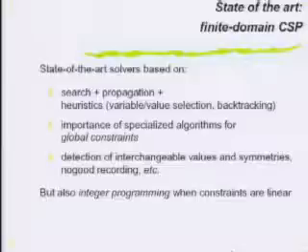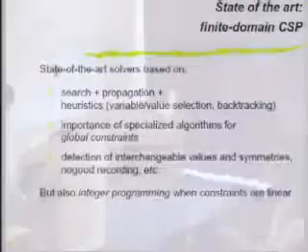Quite routinely now, they solve quite big instances if you take real-life problems, with hundreds of thousands of variables or even millions of variables in some model checking applications. I think the state of the art in finite domain is a bit less clear to me, but the state of the art solvers seem to be based on the same kind of thing, basically search plus propagation and heuristics. And you have a number of other techniques which are good to put into your solver, like global constraints.